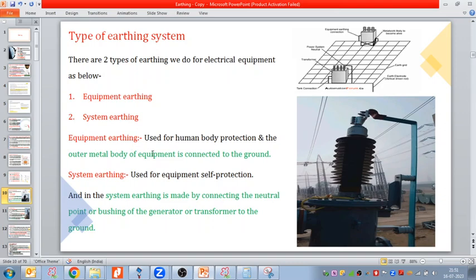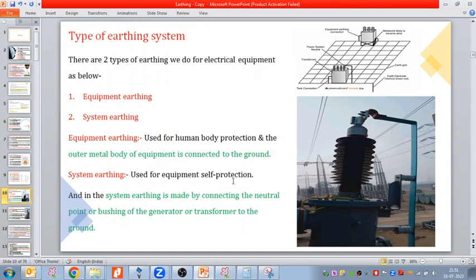Equipment earthing is used for human body protection. The outer metal body of the equipment is connected to the ground. At the same time, system earthing is used for the equipment's self protection, not for human protection.